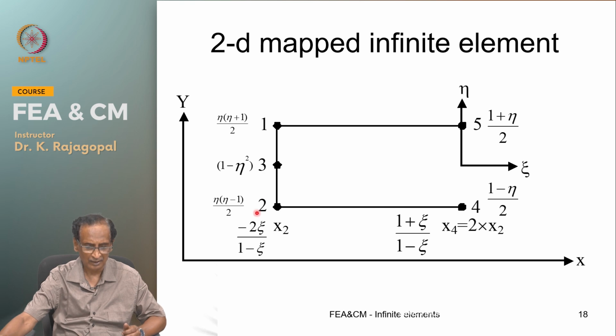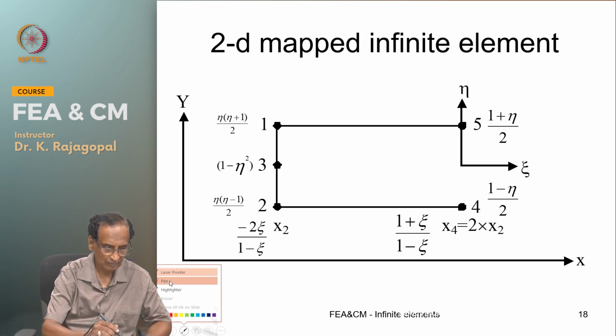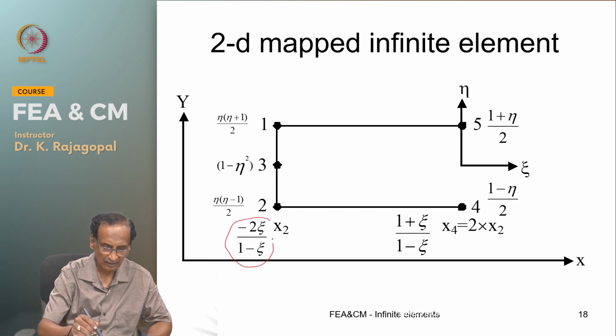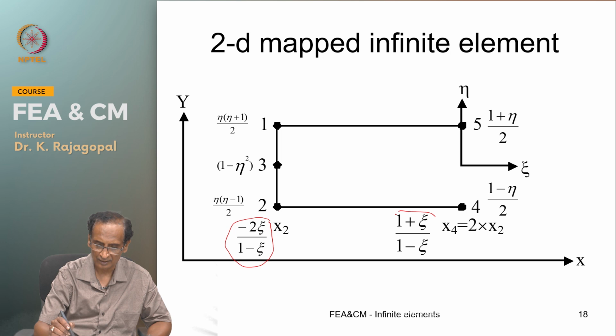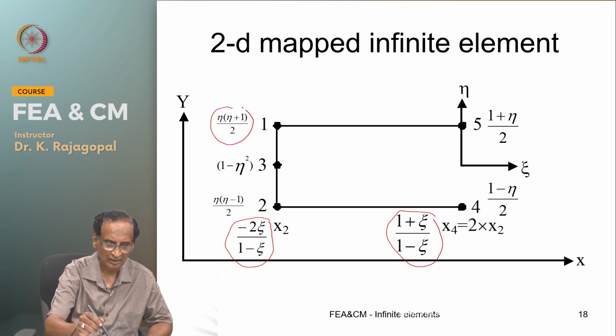That is by looking at this. So in the xi direction, these 2 are our mapping functions. Then in the eta direction, this is the one.